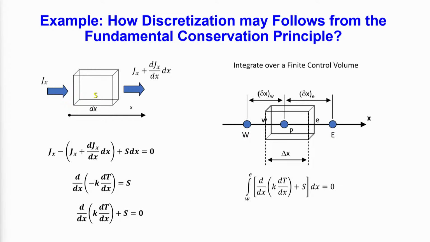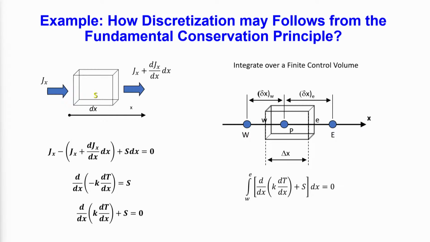If you now write it in terms of mathematical functions, let us say J is the flux, which is per unit area. You can write the balance in terms of the flux in minus flux out, and in the flux out you have something like the first order Taylor series that we have written, like J at x plus dx is Jx plus dJx/dx into dx. In a heat transfer problem J is minus k dT/dx, which is Fourier's law of heat conduction, where k is the thermal conductivity.